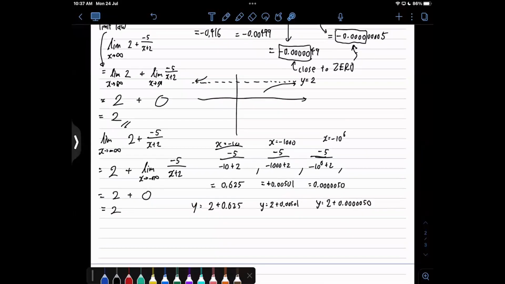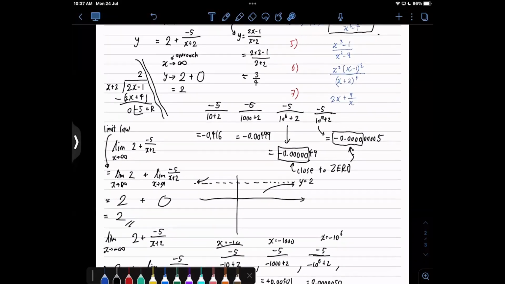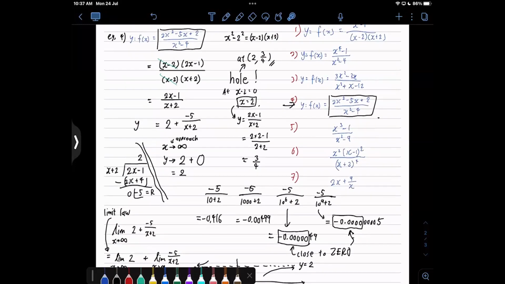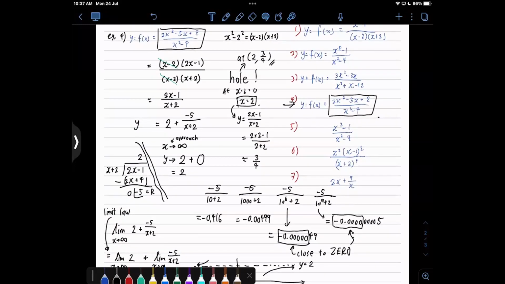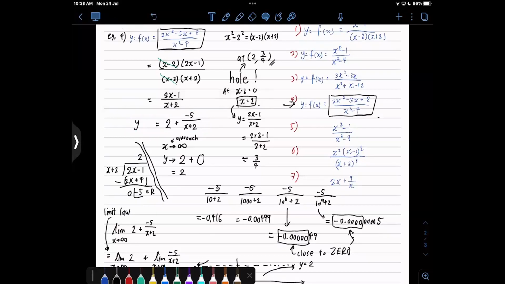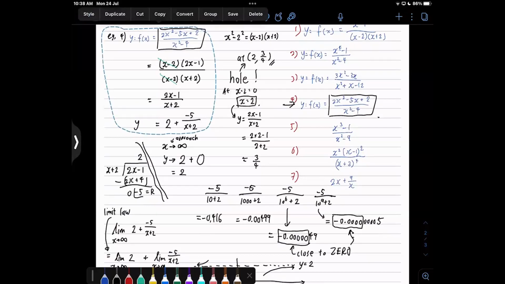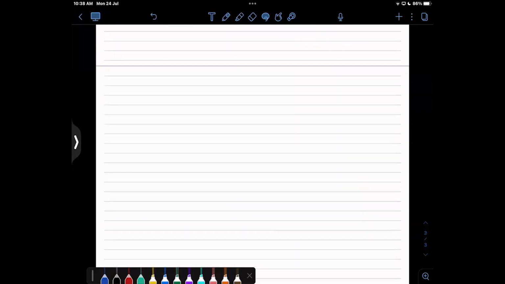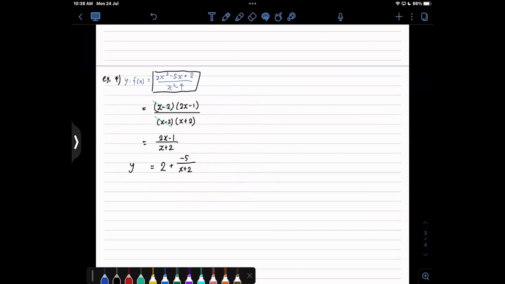But now let's continue. There's one more asymptote I haven't discussed yet. So let me just clean things up a bit. Let me rewrite this without so much detail. This time I simplify into this. All I need to do is to say x approaches infinity, y approaches 2; x approaches negative infinity, y also approaches 2.